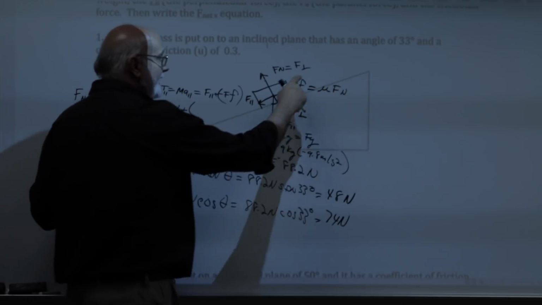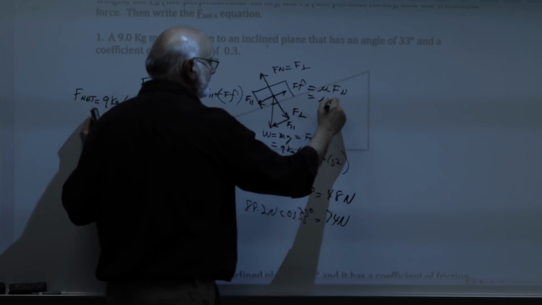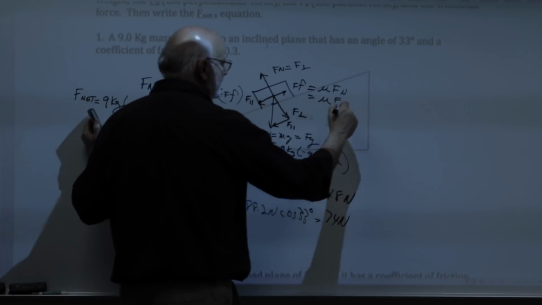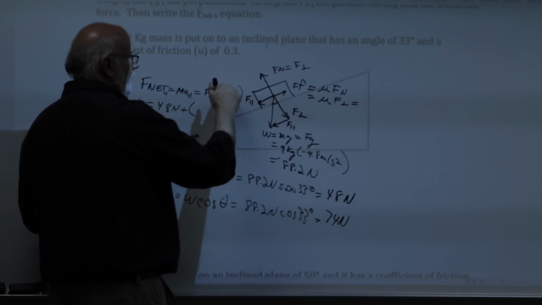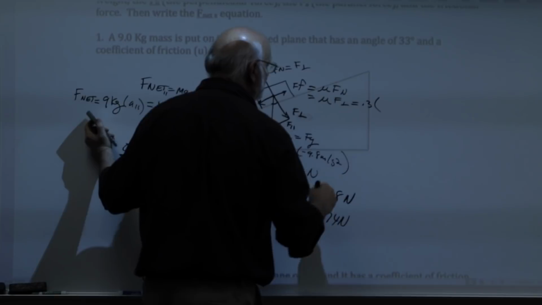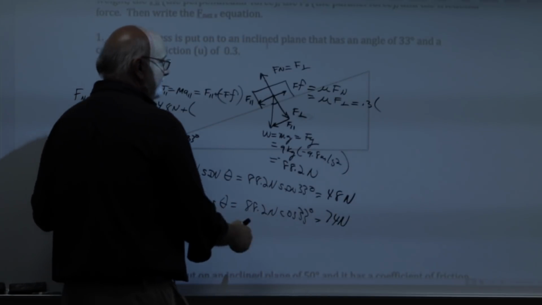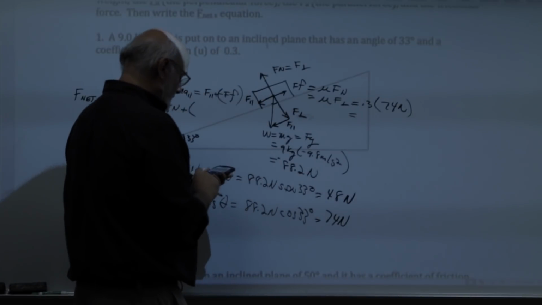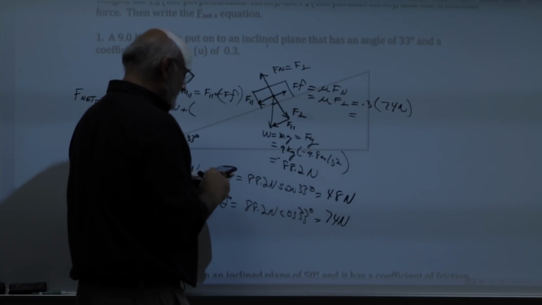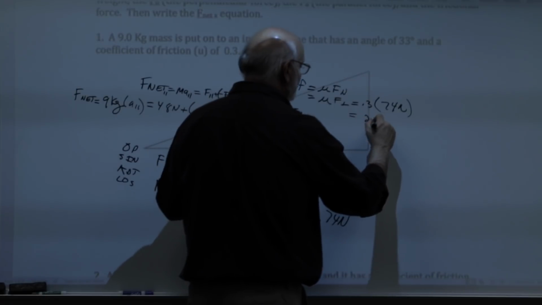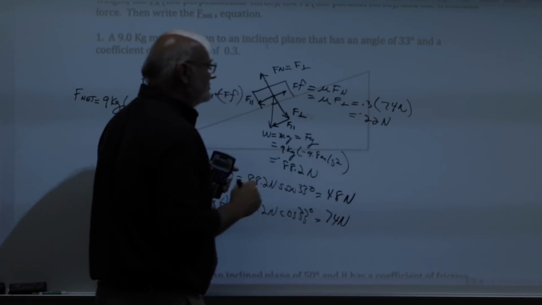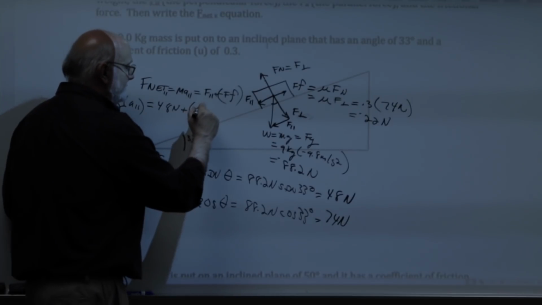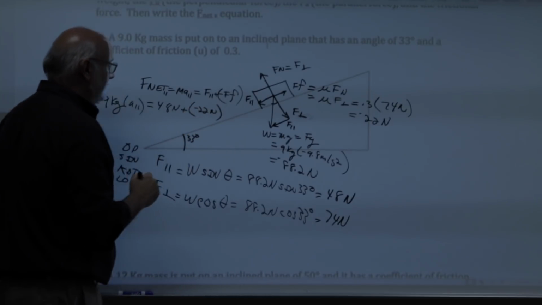And remember, the Fn is the F perpendicular. So it is going to be 0.3 times the 74. Times 0.3, and we get 22 newtons. And it's in the negative direction, so we're going to put a negative there. So, I'm going to go negative 22 newtons, because that's my frictional force.